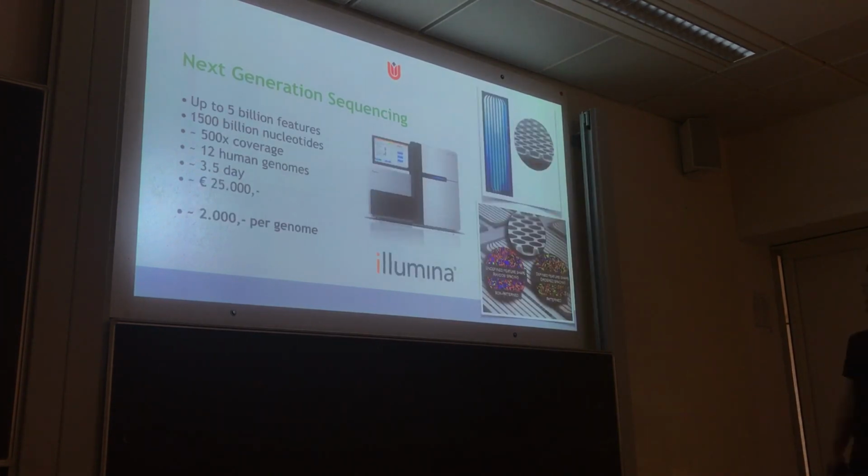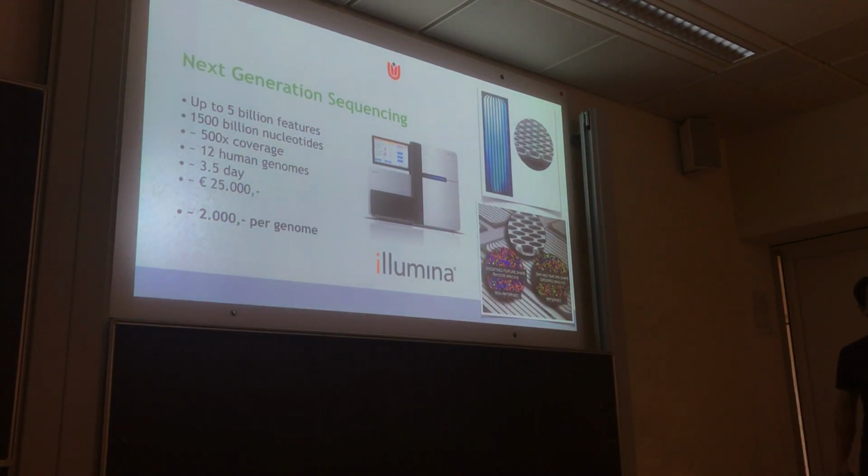So these are the machines that we're performing the experiments on. It's just a collection of specifications, and I think the most important one is the one at the bottom. Nowadays, we are able to generate a complete genome for roughly 2,000 euros.